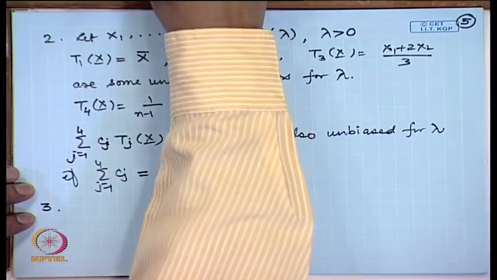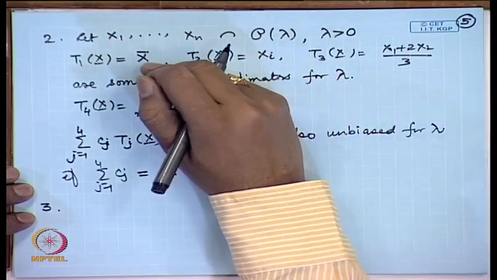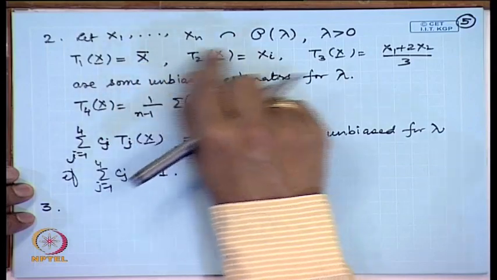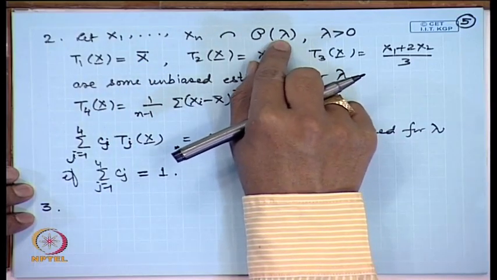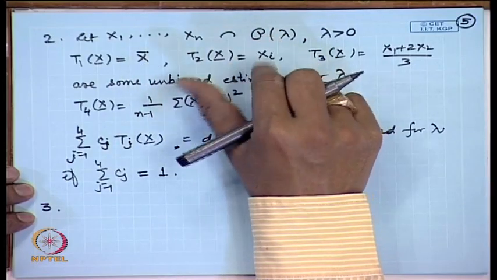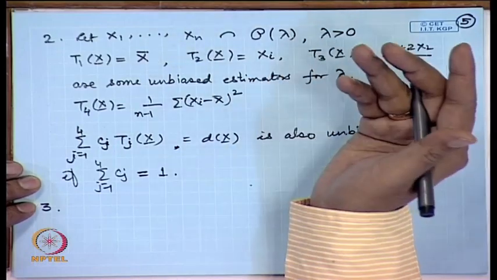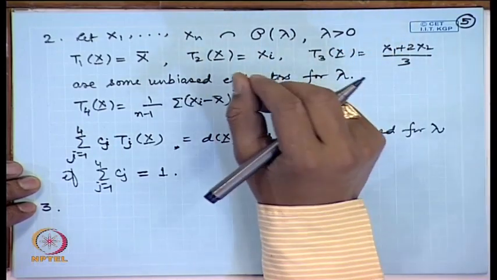Now, if we notice these first two examples, it is very clear that the sample mean will be an unbiased estimator for the population mean. As in the previous case, we have seen here lambda is the mean of this Poisson distribution, and the sample mean x bar is unbiased for this. So, is it true in general? The answer is yes. If the first moment exists, then always the sample mean will be an unbiased estimator for the population mean.